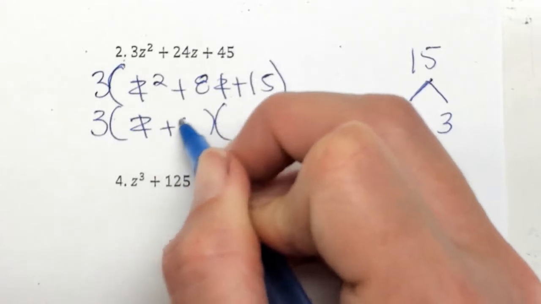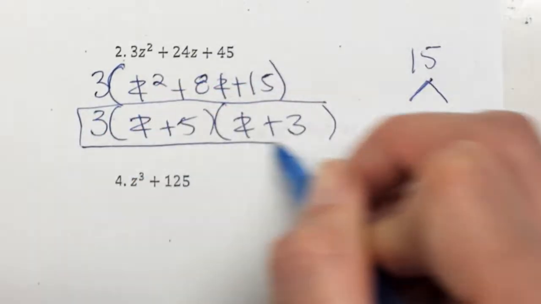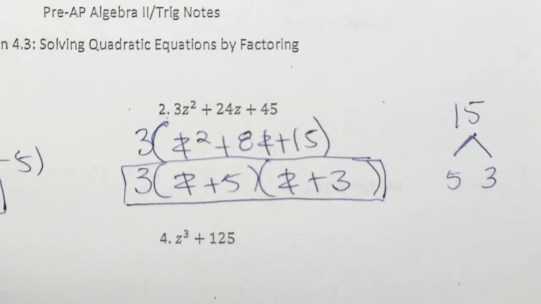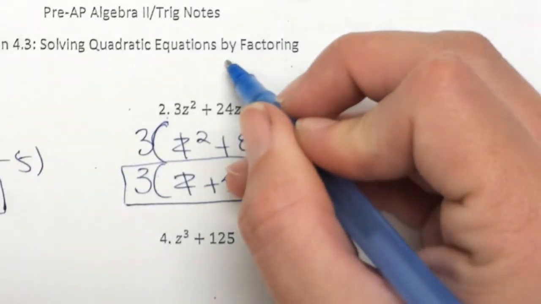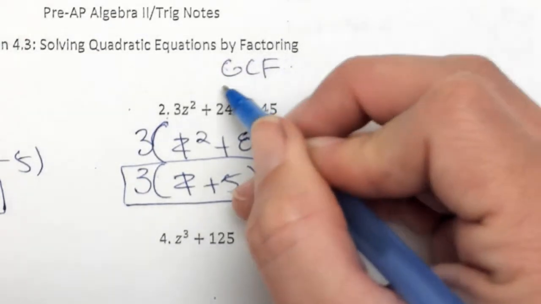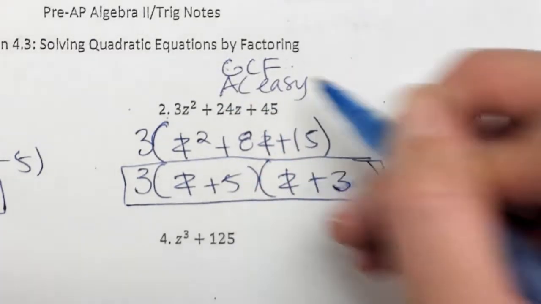Good, and that's it. So out to the side, tell me the two methods we used again. First one we used was what? GCF. What's the second one? AC easy. Good.